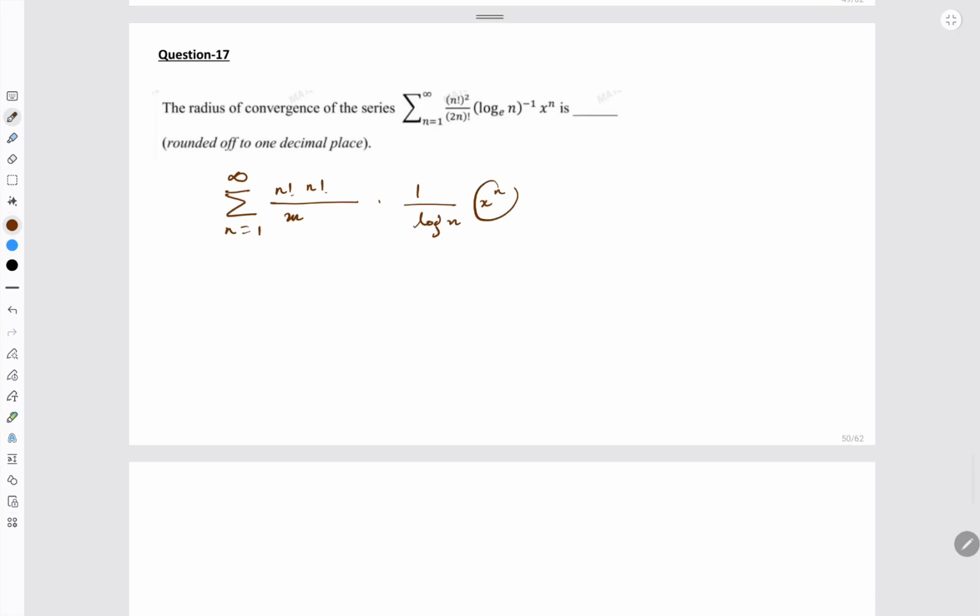Now I have to find the value of x. That is the meaning of radius of convergence. I mean, this x raised to the power n can be between which values. Or in other words, we can do one thing. We can use a ratio test as well.